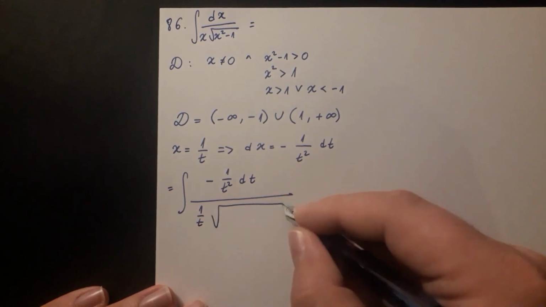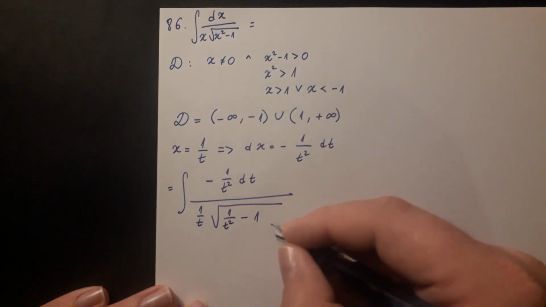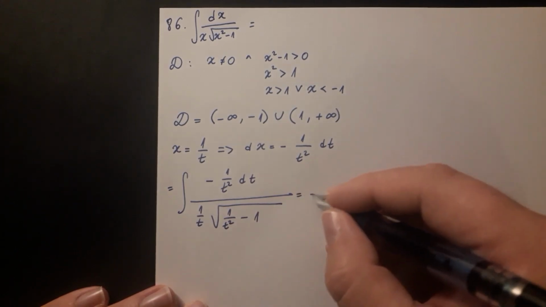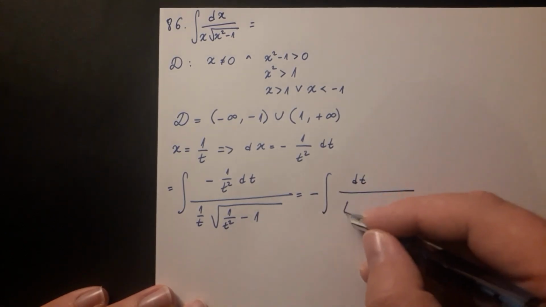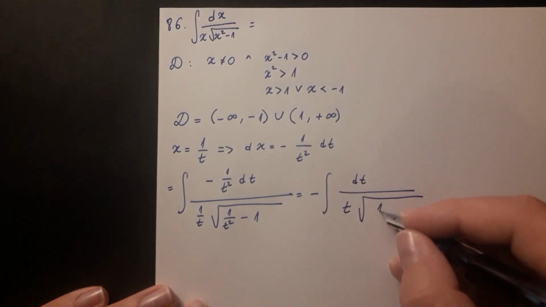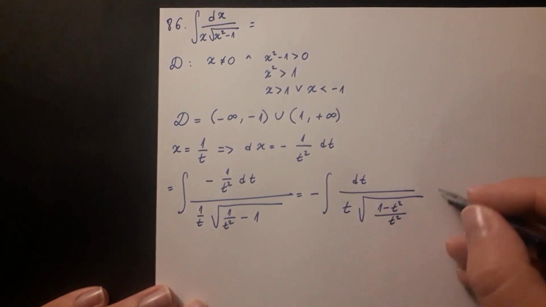1 over t times the square root of 1 divided by t squared minus 1, which is equal to negative the integral of dt divided by t times the square root of 1 minus t squared divided by t squared.